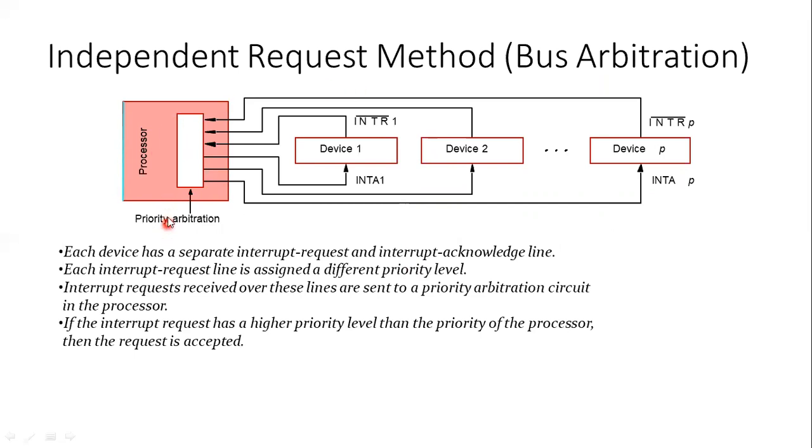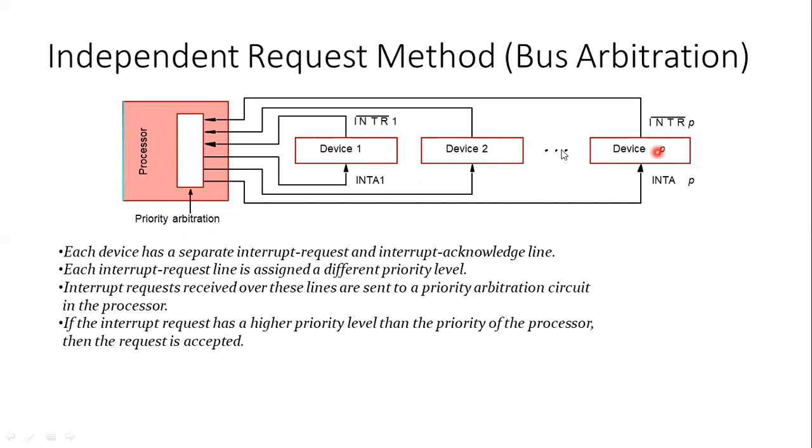In the complete priority arbitration circuit, every device has a separate interrupt request and a separate interrupt acknowledge. Means every device has an independent complete circuitry to ask for a request and get an acknowledgement. By this way, we can understand that every device is independent of each other, with no connection.